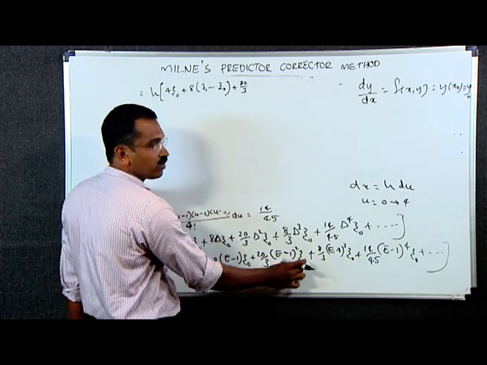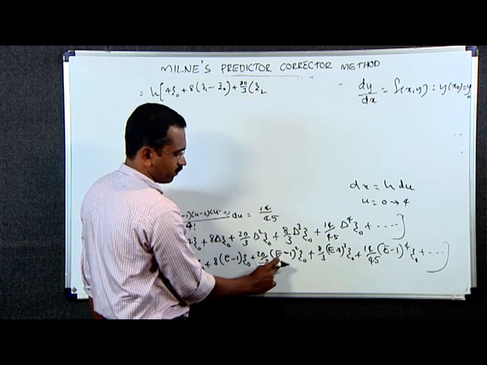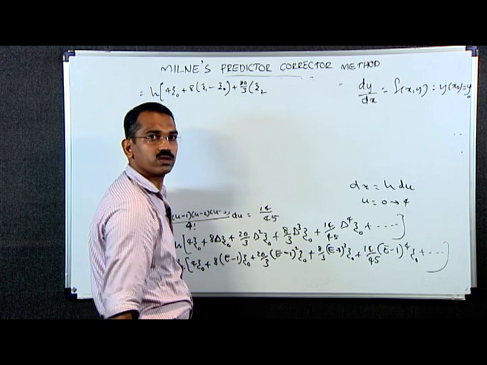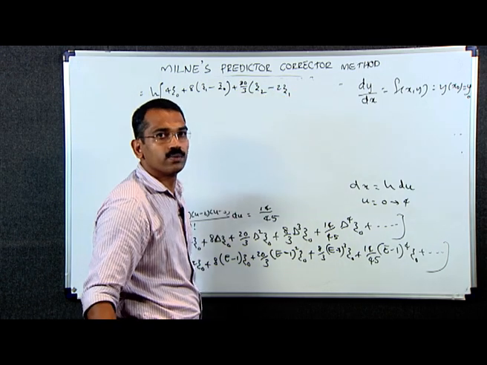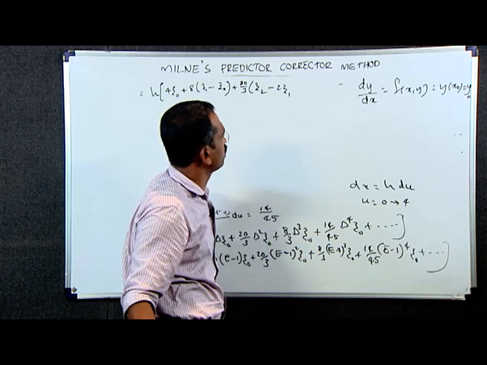E square z0 means z2 minus 2 times e z0. E z0 means z1, plus z0, that is z0.